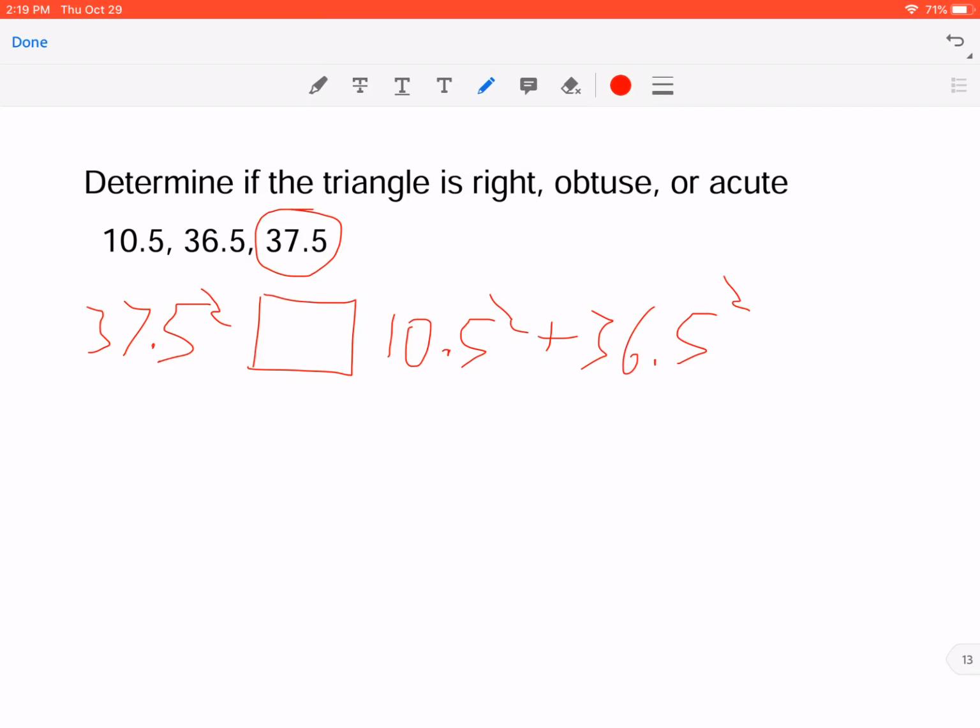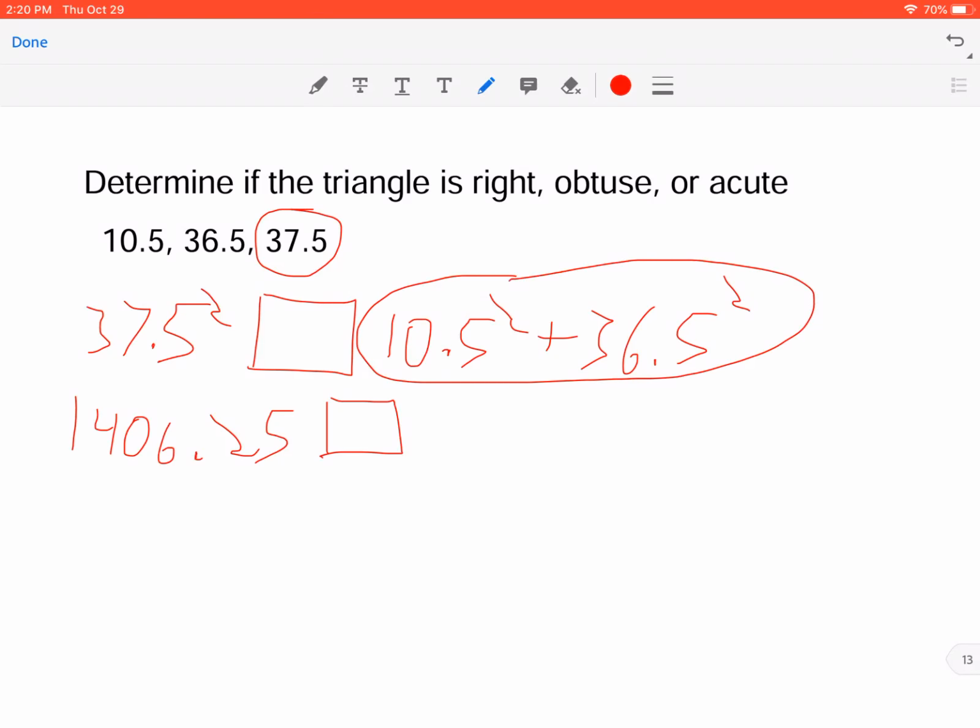All right, and again, I worked it out. 37.5 squared, 1,406.25. And you can do all of this in one shot in your calculator if you want to. I broke it down. It does not matter. You can type in 10.5 squared plus 36.5 squared and speed the whole process up. 10.5 squared is 110.25. 36.5 squared is 1,332.25.